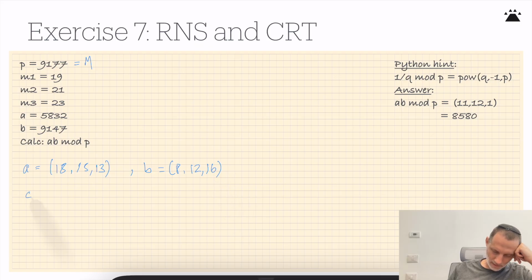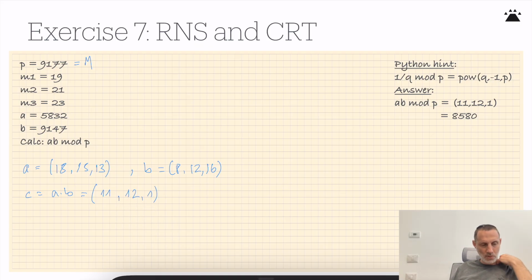It would be 18 times 8 modulo 19, and so on. It turns out to be 11, 12, 1. You can already see why it's very easy to work in RNS. But now how do we go back from this representation of the product to the standard integer representation?